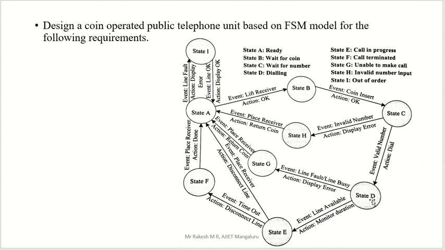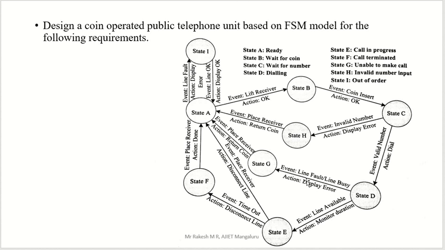If the line is not available while dialing. Now consider he is calling, dialing is there, but the call is not connected because of some fault, line fault or line busy. That person is talking with someone else, means the line is busy. So line fault and line busy are there. Then you will get an error in the display.